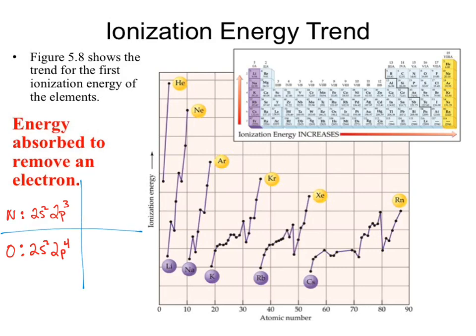So what happens to nitrogen when I rip an electron away? I become 2s2, 2p2. Oxygen. Anybody see anything obvious there? If you don't, that's okay. I honestly don't think it's obvious.